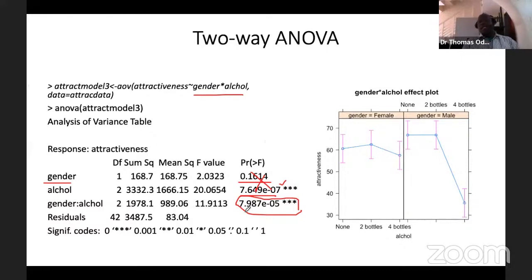So this is what actually is telling us that if the alcohol comparison is done for female, there is no significant difference. If it is done for male, there is a significant difference between the 2 and then the 4.